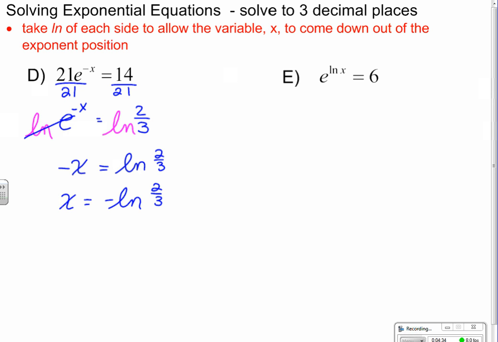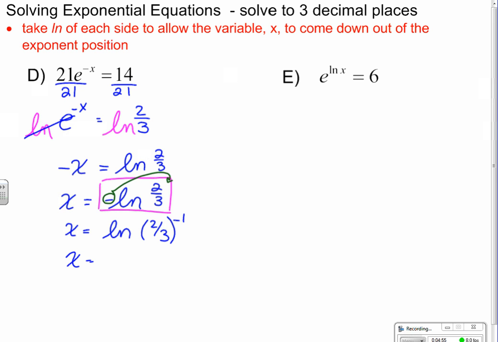Now, if you want to get fancy, an alternate option would be, this would be one answer. This would be an okay answer. But perhaps I should deal with this negative. I could bring it back up as a power, couldn't I? And I could say that x is equal to the natural log of 2/3 to the negative 1 power.